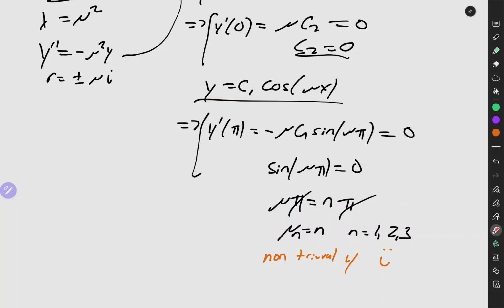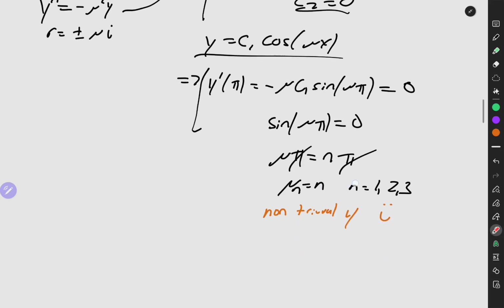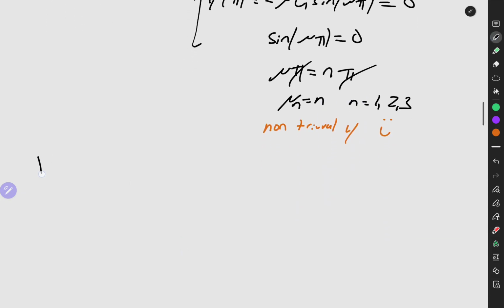So I believe that we're going to have a 0 eigenvalue with a constant eigenfunction. I can foresee it, but that will be determined. So I can already say that there is one, but we can also probably figure that out when we do this one here.